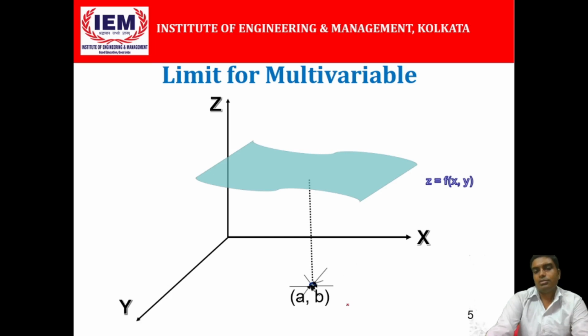I can move using different curves, right? So I can approach this point by various paths, not only the two paths like for a single variable. For infinite paths I can approach this point, and if the limit along all these paths is equal, then I can say that the limit exists at this point (a, b). That is the geometrical way I can say it.